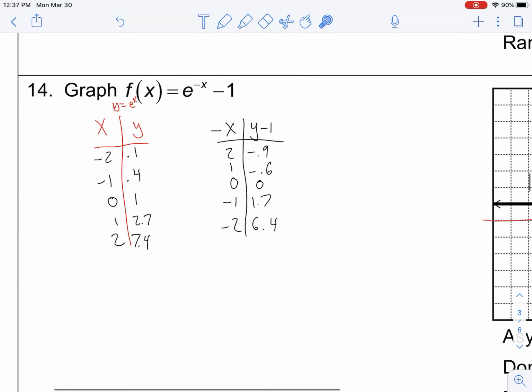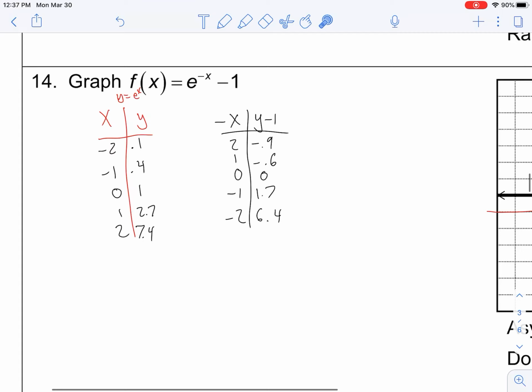Okay, so for this one, our parent graph is y equals e to the x. And this is that standard kind of table that we use with e to the x. And then this negative, and I saw this on some homeworks, be careful that you don't apply the negative here in your parent graph.